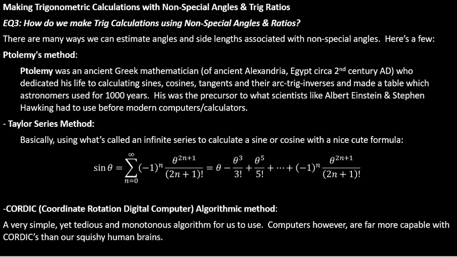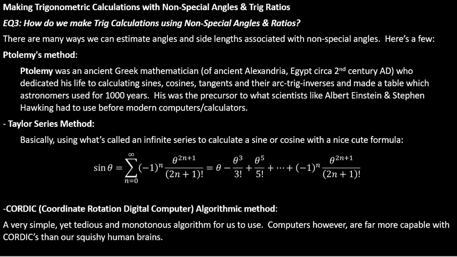You could do it the way that Ptolemy did, who was an ancient Greek mathematician of Alexandria. He dedicated his entire life to making a table of sines, cosines, and tangents, and their inverses. Astronomers used it for some 1,000 years, an entire millennium.